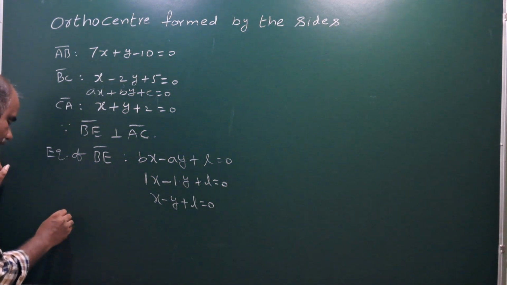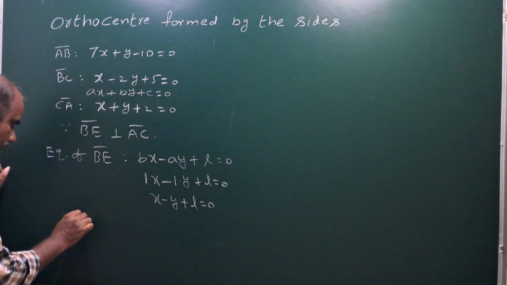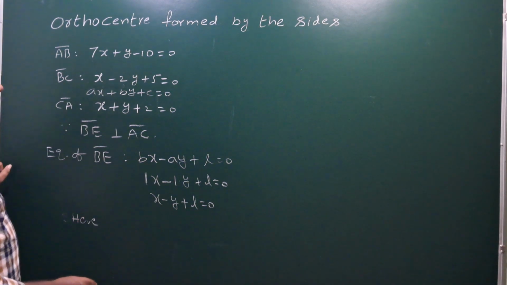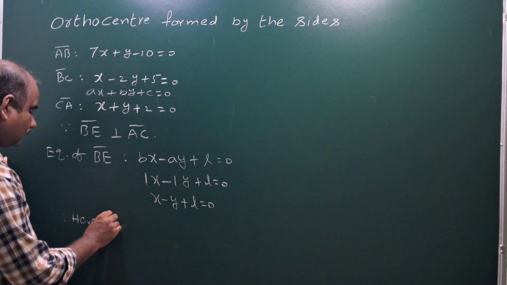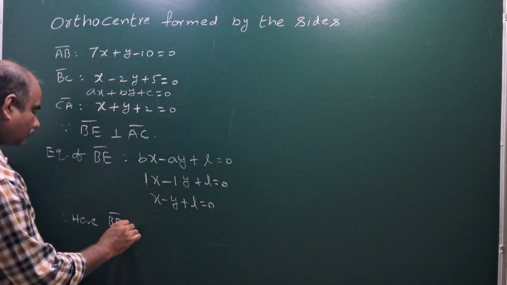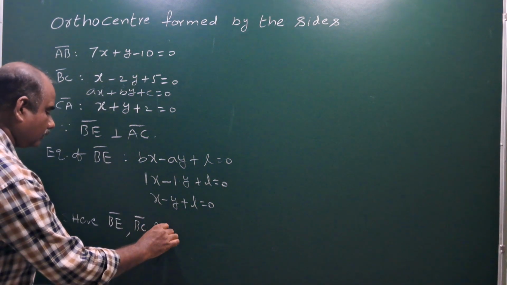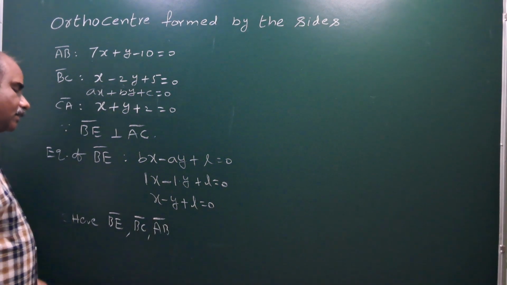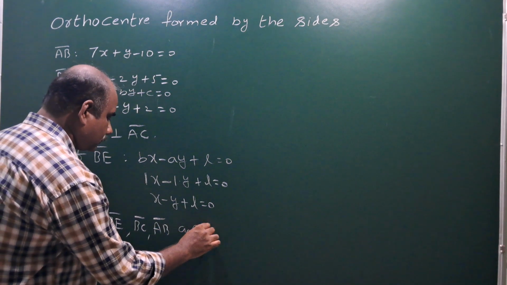Okay. So similarly, here the straight lines BE, BC and AB, these three are concurrent.